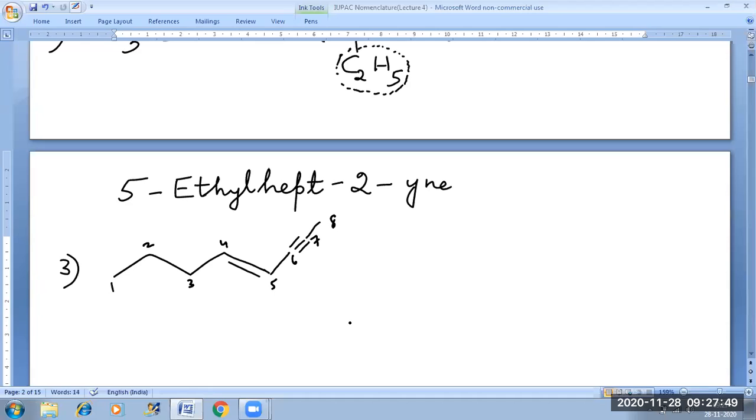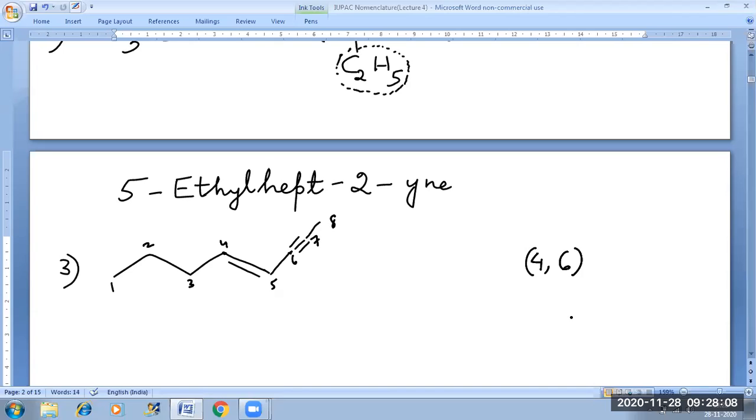If I number it in this way, then the position of the double bond is at the fourth carbon, and the position of the triple bond is at the sixth carbon. These will be the positions.